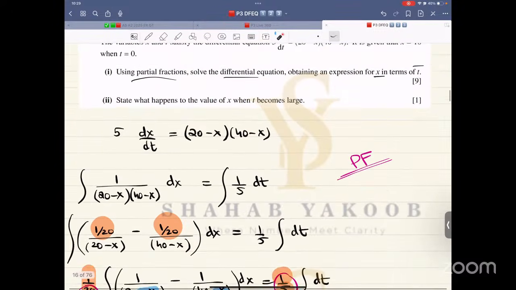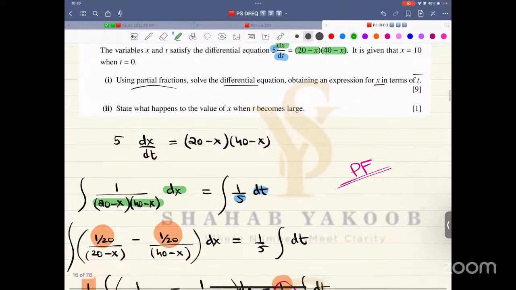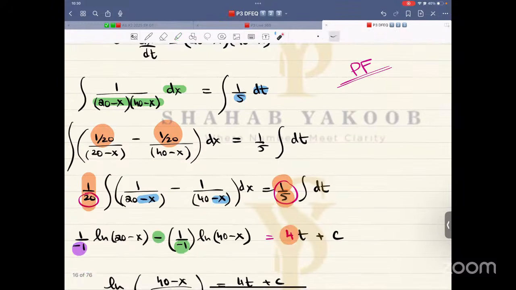So now what do we have? We have this thing over here. This is dt, all alone, and this 5 I'm taking to the other side. Over here, with dx, that is 1 over (20 minus x)(40 minus x) dx. Now partial fraction is used over here.